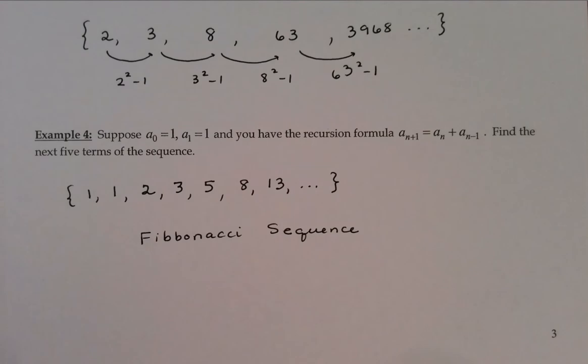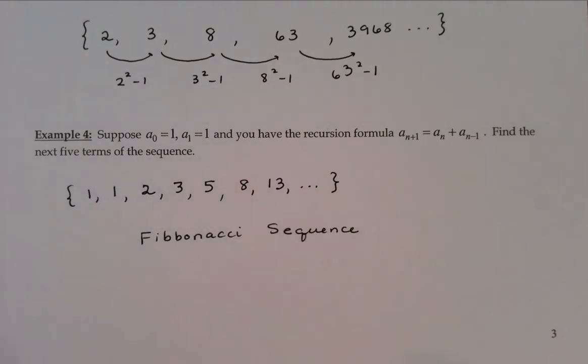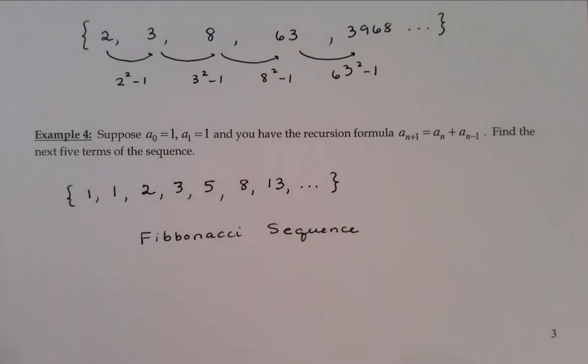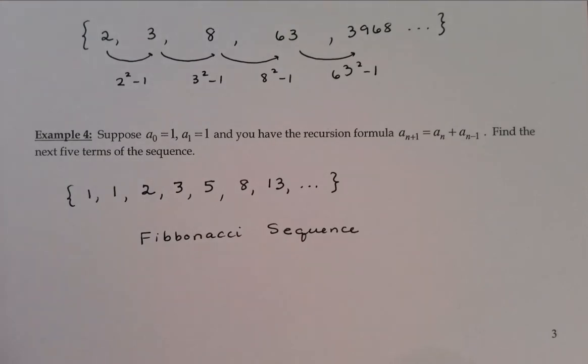It's kind of an interesting one. There are a lot of numbers in nature that occur using these Fibonacci numbers. If you look at things like the number of petals on a flower, it is almost always a Fibonacci number. The spirals of a pine cone, the number of spirals is a Fibonacci number. So these numbers just occur in nature all the time.